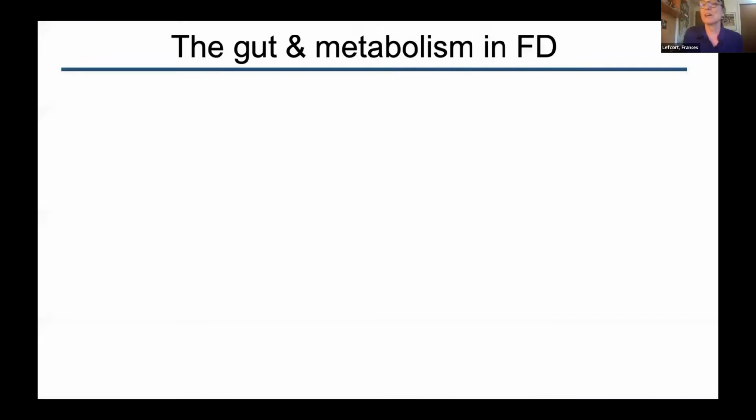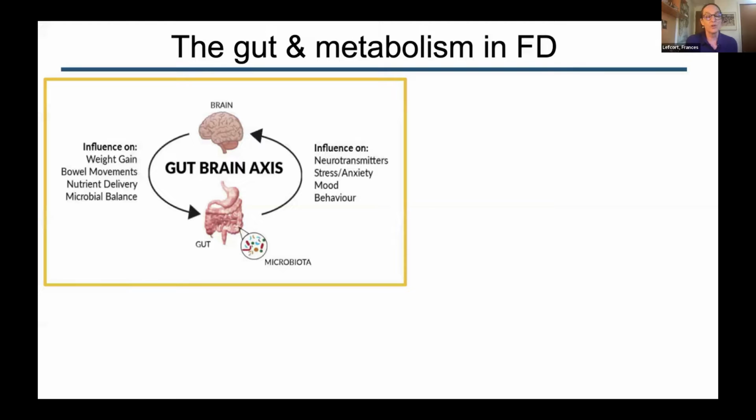Okay, so first I'm going to talk about our work on the gut, the GI tract, and metabolism in FD. And as you probably have heard, there's extensive communication between the gut and the brain. And so the gut is full of neurons. It's also innervated by neurons from the brain and other regions of the peripheral nervous system.